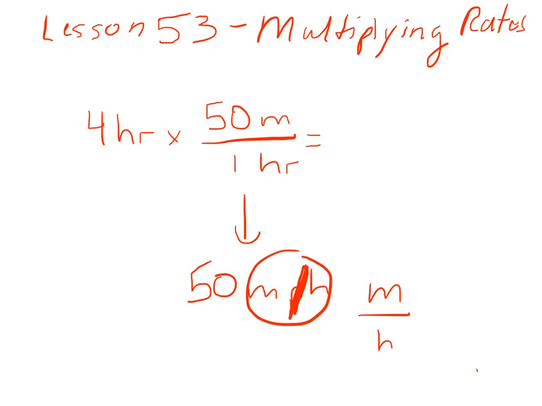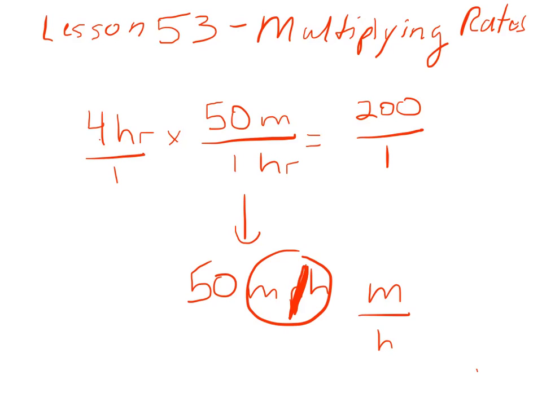So anyways, if we go back up here, this would be over 1, 4 times 50, that'll be 200. And 1 times 1, that'll be over 1. Now the labels here are important. Here we've got hours and hours.